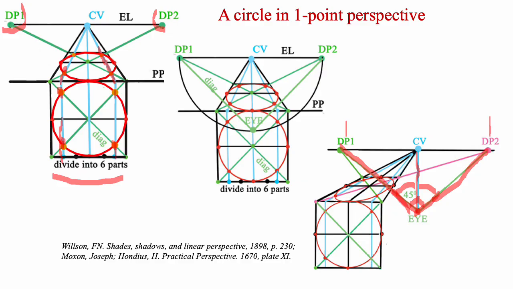And then you can do the same. You can draw these lines to the diagonal, and where they cross the blue converging lines would be points on the ellipse. Now, I did the same thing here by just superimposing the eye, which you can see here, on everything that I did over here.